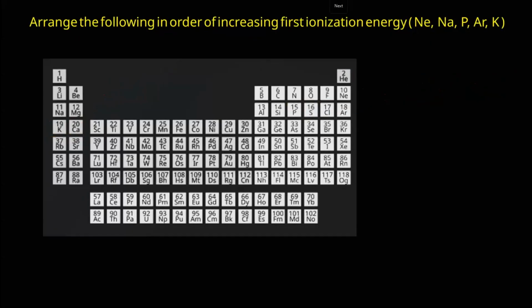Okay, arrange the following in order of increasing first ionization energy. Remember, ionization energy increases this way. Decreases this way. So if I want to arrange these in order of increasing, I need to pick the one which is the lowest. Potassium here is the furthest to the left and down. So I know that potassium then is going to be less than.